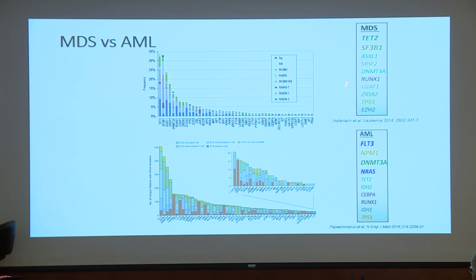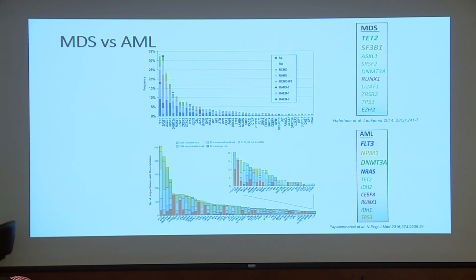DNMT3A is common in both, but it is more prevalent and has a higher allelic frequency in AML compared to MDS. And there are a few mutations which are very specific for AML, like NPM1. So if you have a case with a blast count of 15, and there is dysplasia, and you find NPM1, you have two choices.